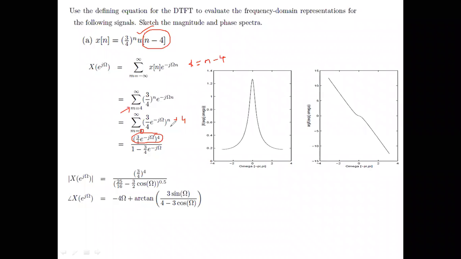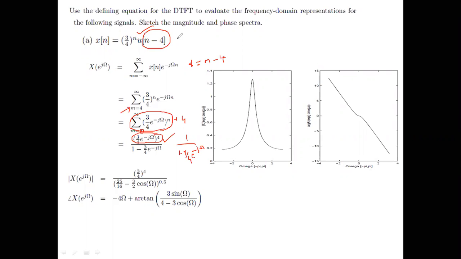Other than that, you will be left with only this particular term from 0 to infinity, which is multiplied by 1 divided by 1 minus alpha, that is, 1 divided by 1 minus 3 by 4 into e to the power minus j omega. Okay, got the thing. Or we can solve it using properties also, right?